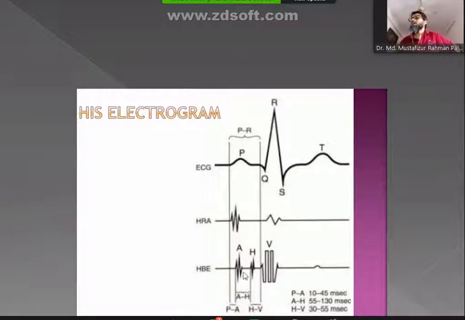If they are less or more, we will diagnose accordingly. If the AH interval is prolonged, we will diagnose that it is a nodal block, atria to His. If the HV interval, His to V, is prolonged, then we will think that it is an infranodal or His bundle block. Okay.